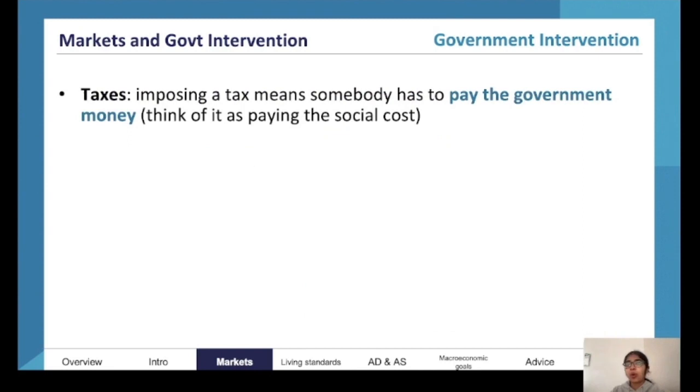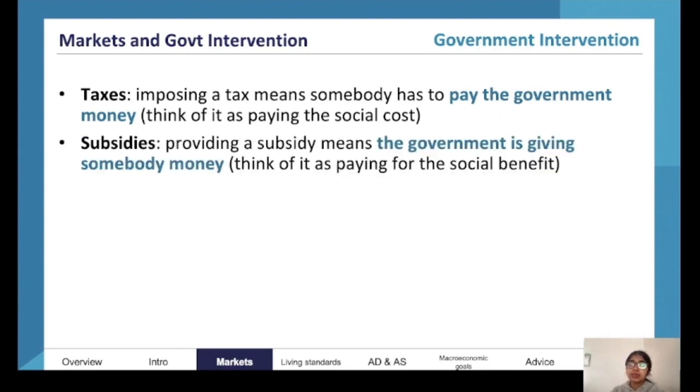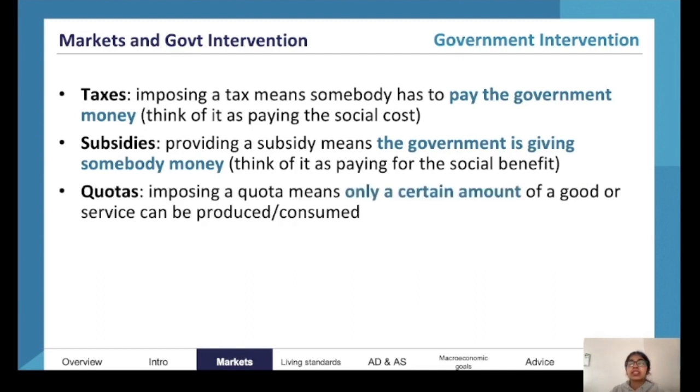Okay, the way that governments can intervene, they can put taxes on stuff. This is especially relevant to externalities. They can subsidize goods with positive externalities. There's quotas. For example, with overfishing, there might be only a certain number of fish you can catch every day. Or for negative externalities, only a certain amount of these goods can be produced.